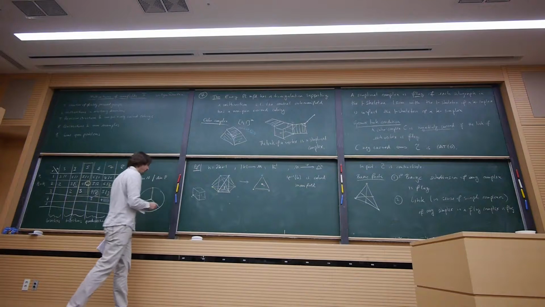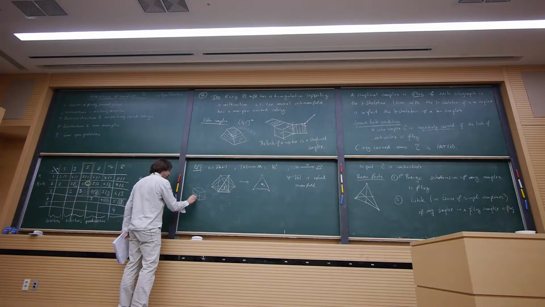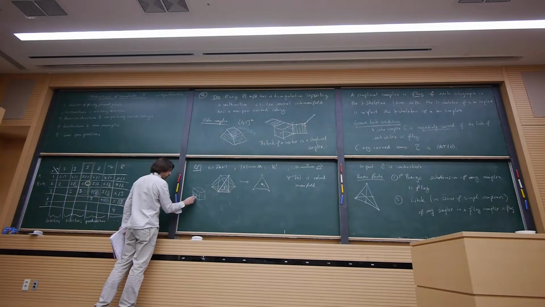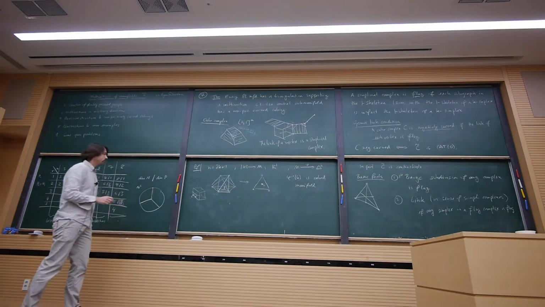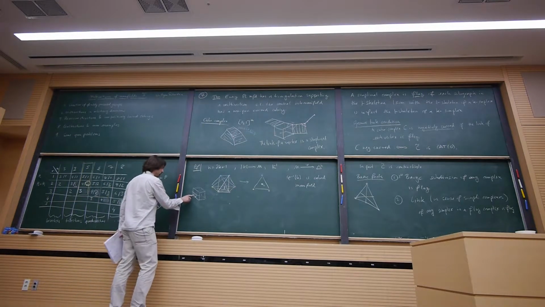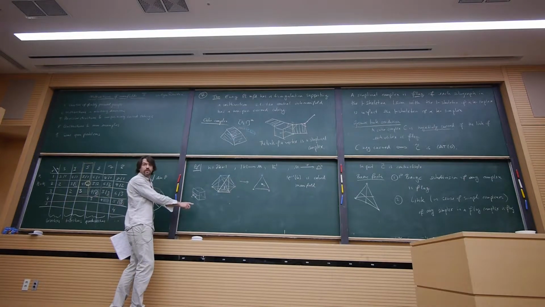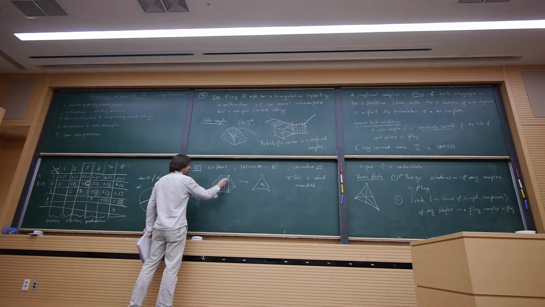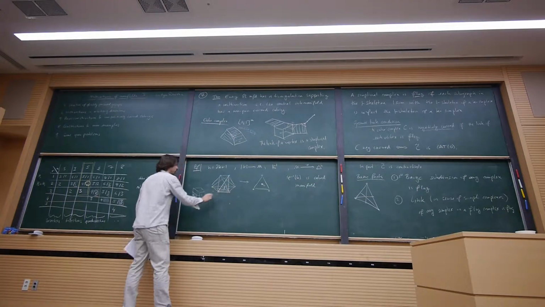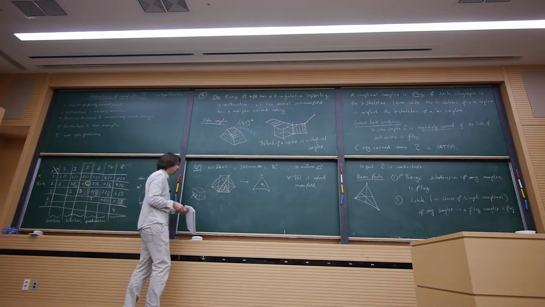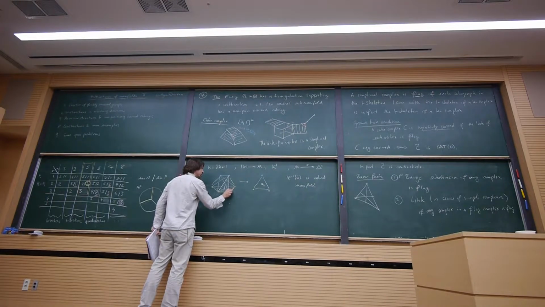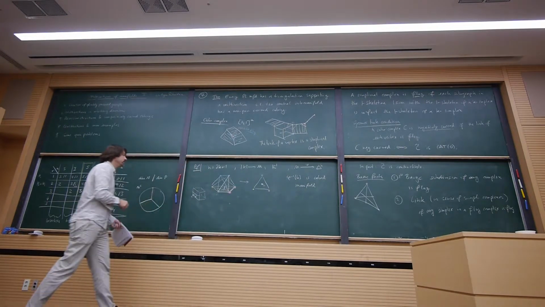So here's my corner C, and I want to explore the link of this guy here. Okay. So the first thing to worry about is, what are the vertices? And how do I see the vertices? Well, the vertices correspond to edges of the cube, yeah? And the edges of the cube correspond to what? If I think about this triangle, the edges of the cube inside this triangle correspond to, if I take one of these vertices, the red vertex, and connect it up to this red vertex here, right?